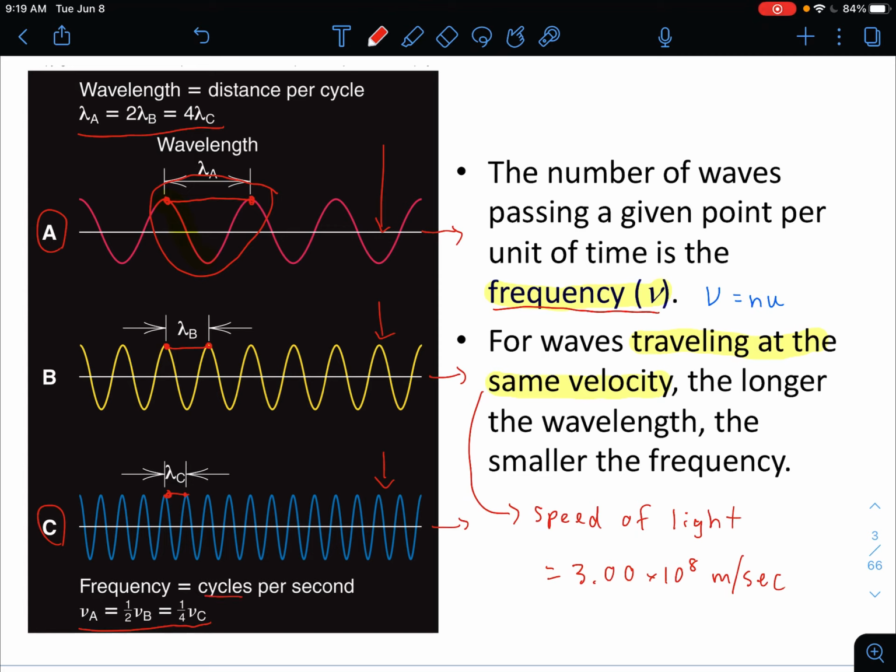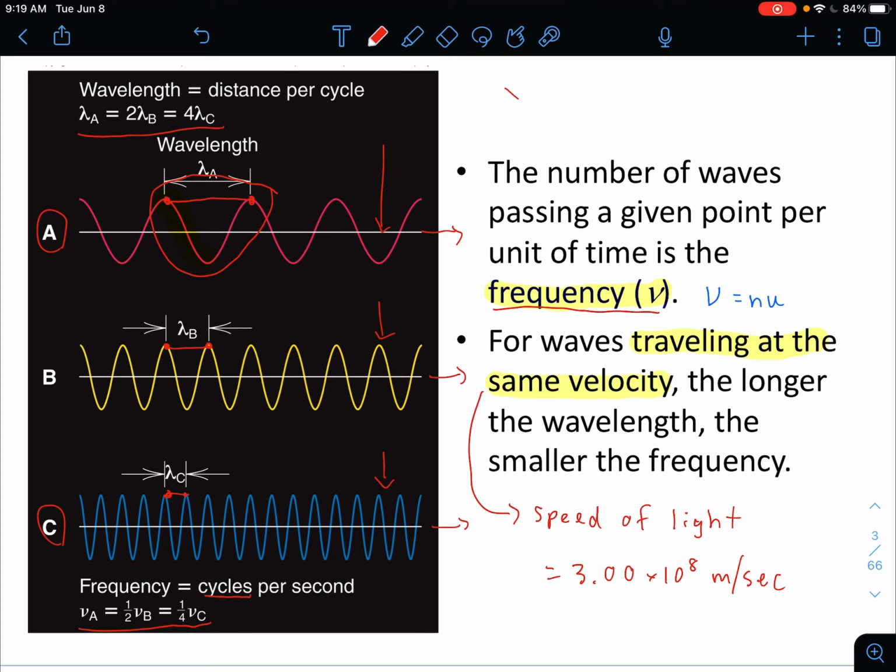When we talk about cycles, we mean a full wavelength worth of the wave. So it should make sense that as wavelength decreases, frequency increases, because we're going to see more cycles of the wave per second.